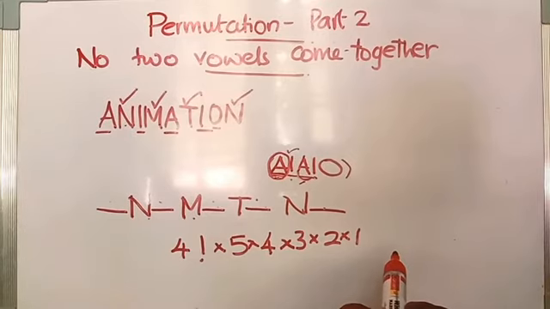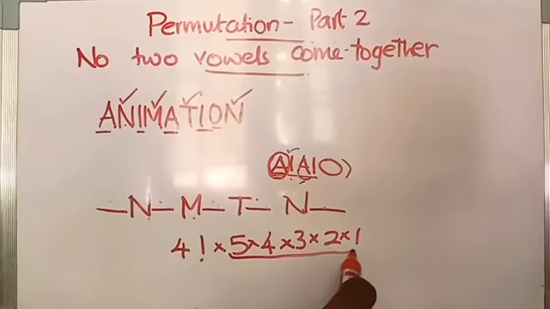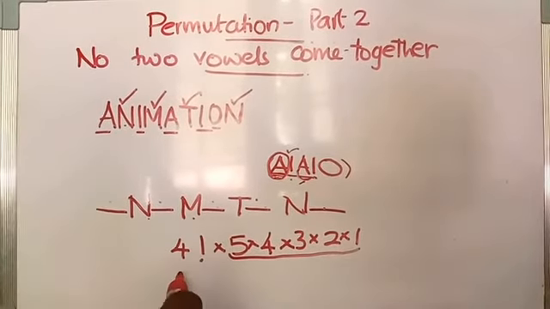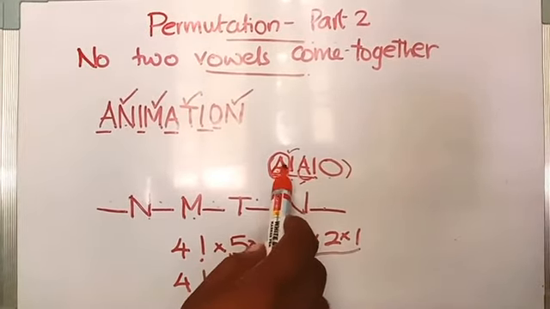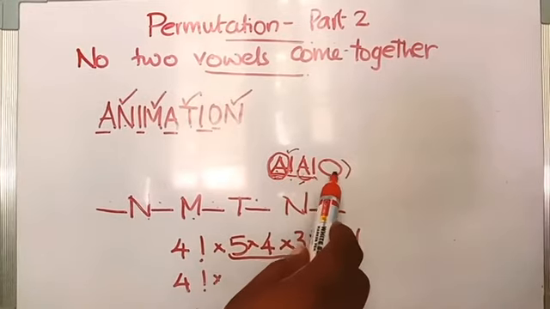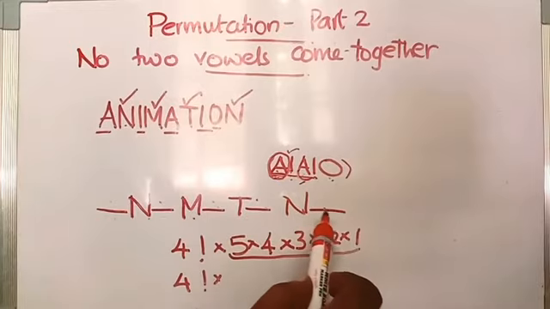Okay, so it can be written in a simple way. We don't want to write it always in this format. We can write it as 4 factorial into, see there are 5 vowels. How many vowels are there? 1, 2, 3, 4, 5 vowels to be placed in 5 places.